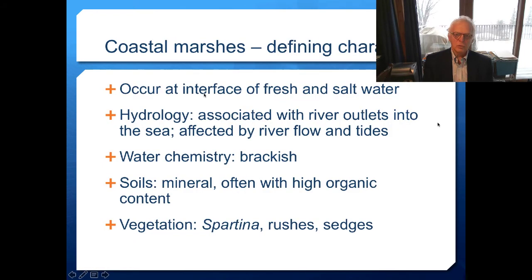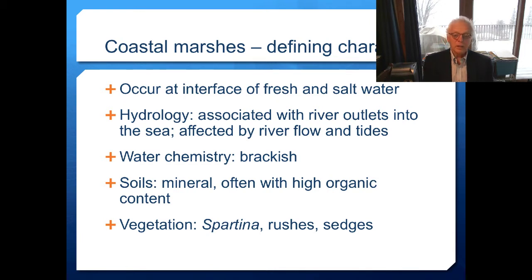They're tidal systems oftentimes. Their water chemistry tends to be brackish. Now, brackish means of intermediate salinity, somewhere between seawater and freshwater. And their soils tend to be very mineral, often with high organic content.